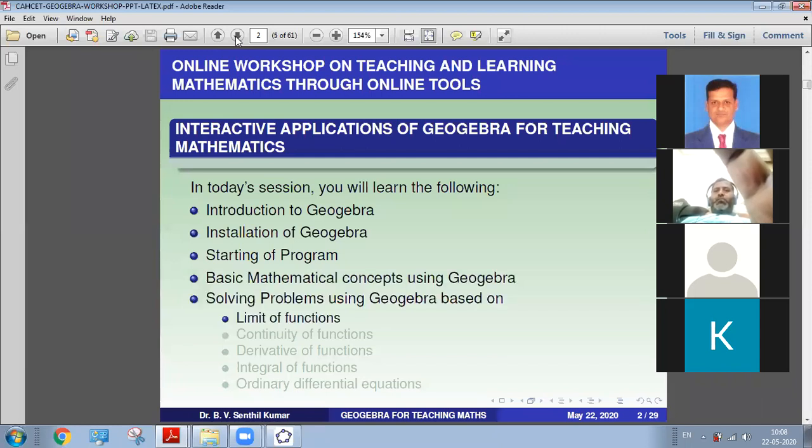When you start the GeoGebra program, what are the displays you come across, that we discussed.